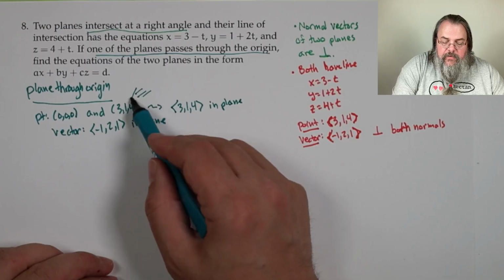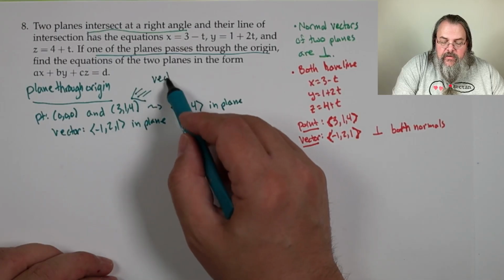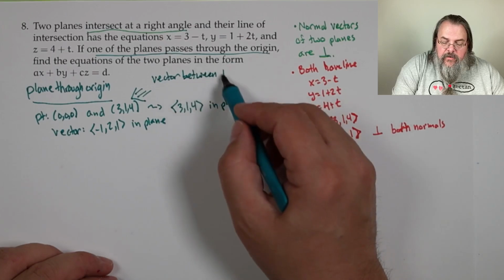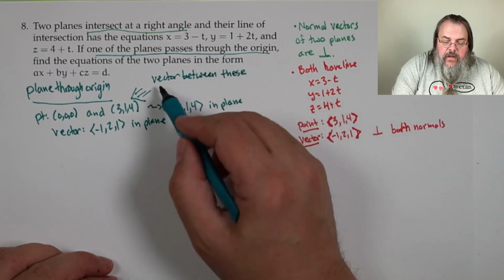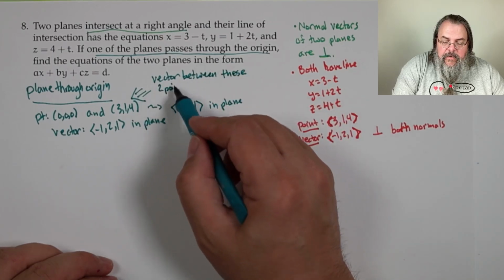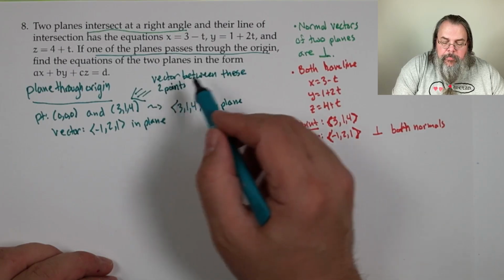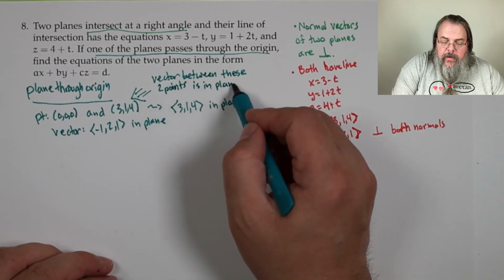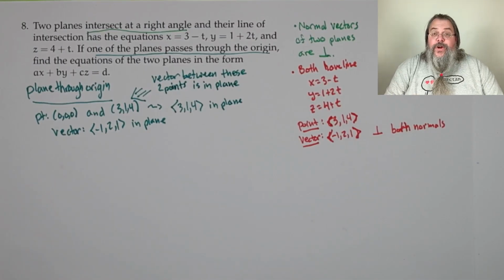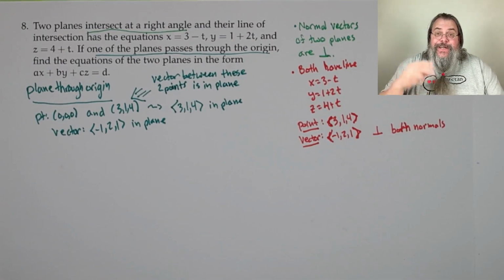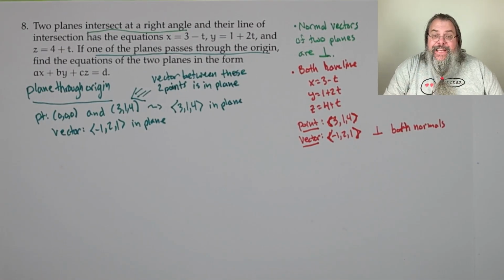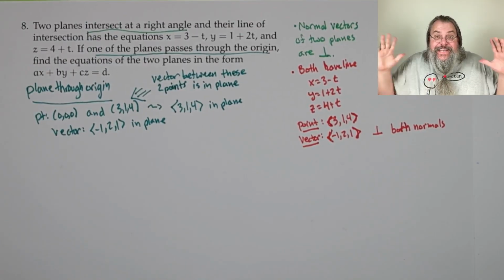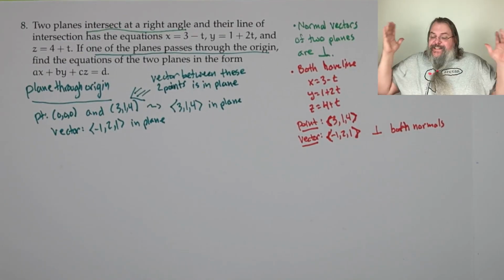So I guess we'll make a note: the vector between these 2 points is in the plane. Okay, so what do we have now? We've got 2 vectors in the plane, and they're not the same vector. This is good news.